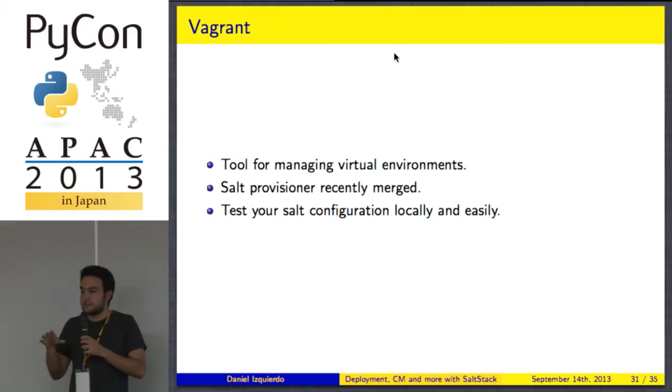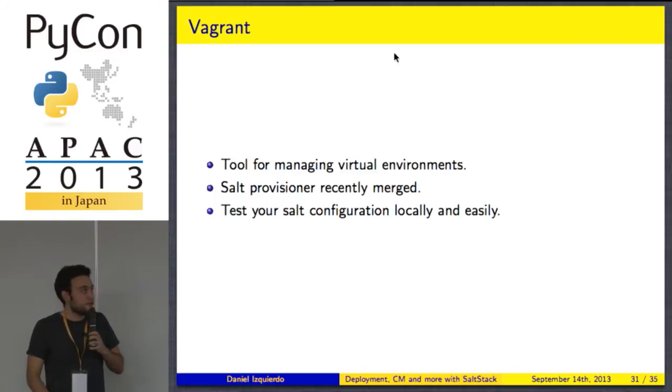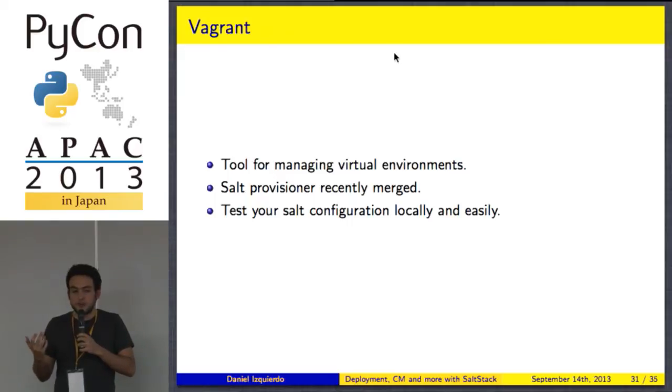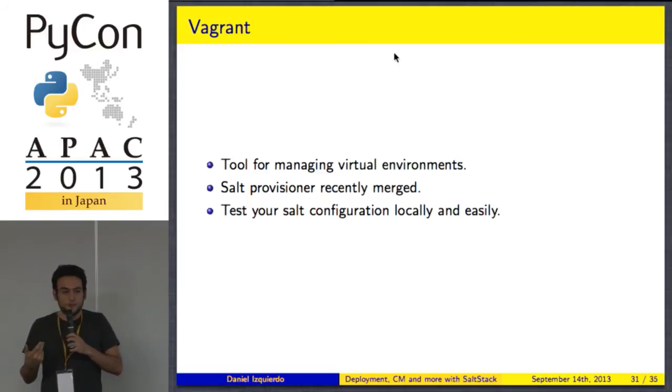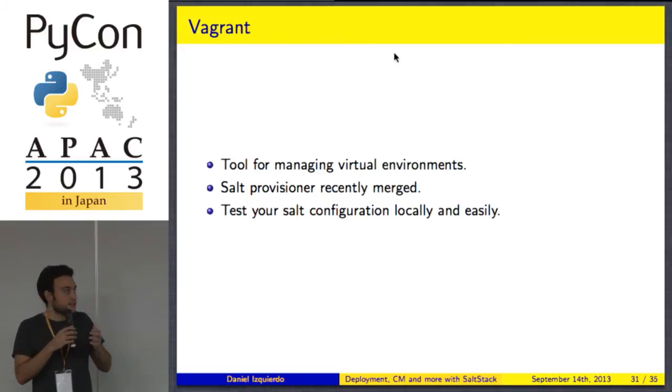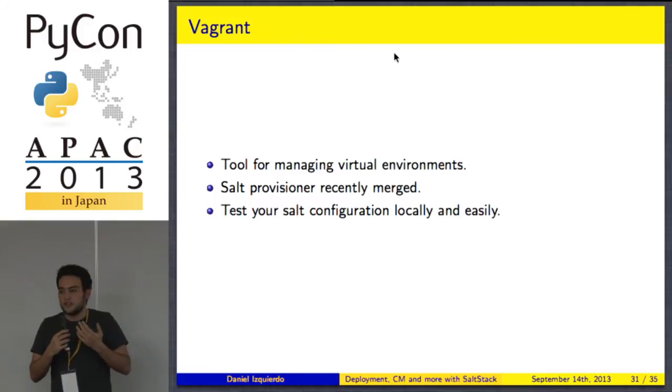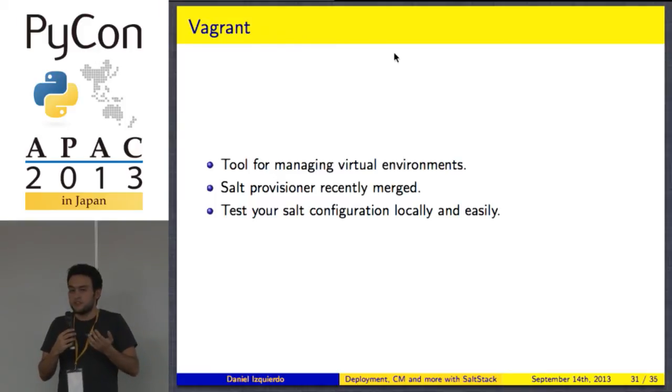So how did we go, after deciding to try Salt, from an ad hoc setup to using Salt? First of all, we started using Vagrant. Vagrant is a tool for managing virtual environments in a very easy way. And there's a Salt plugin that allows you to provision the virtual machines that you bring up using Salt.